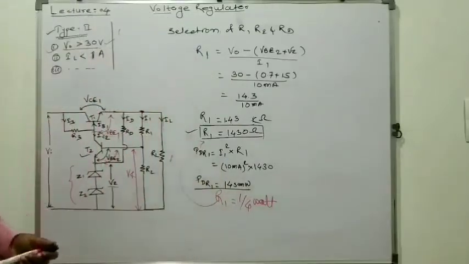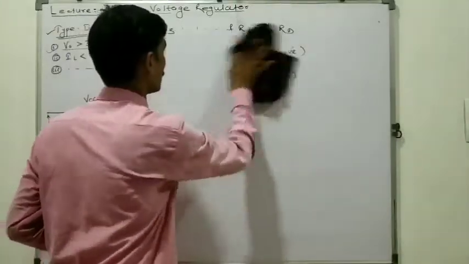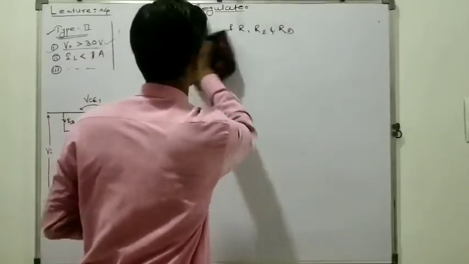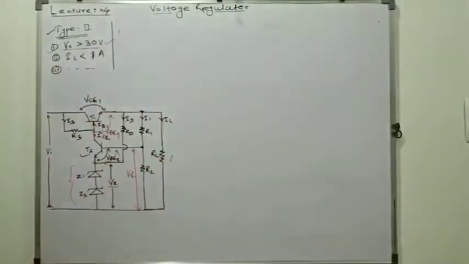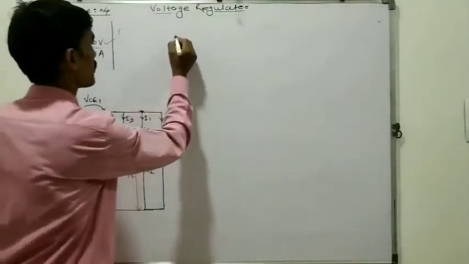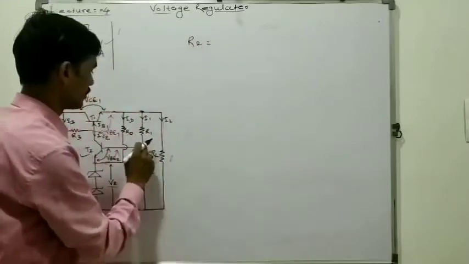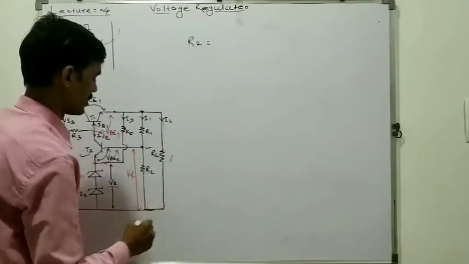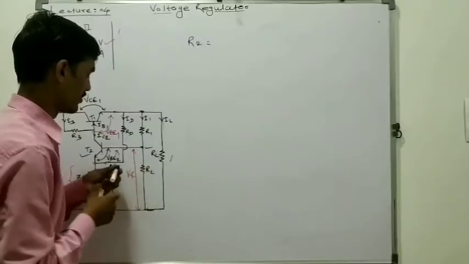Next is selection of resistance R2. So R2 is equal to this voltage minus this voltage. We already calculated the voltage at this point, that is nothing but the Vf.